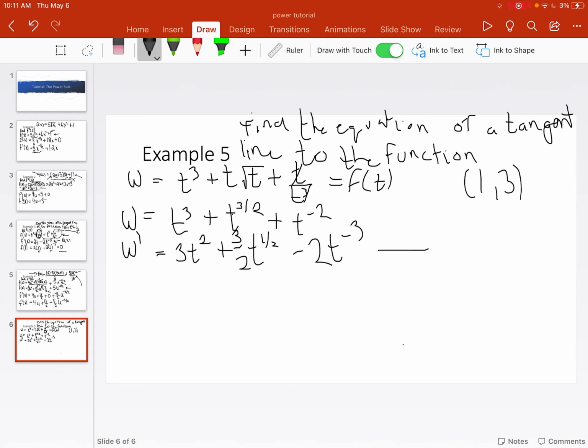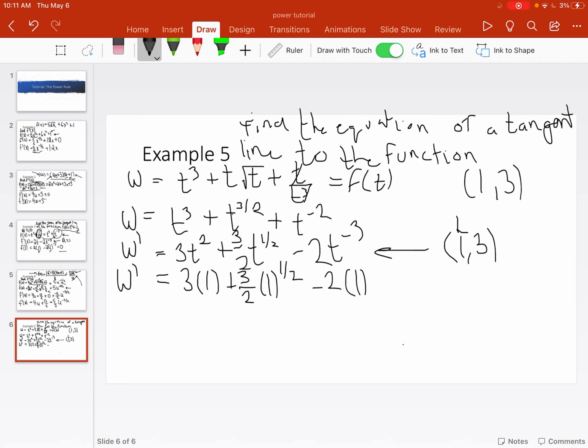So the derivative, recall, gives us the slope of the tangent line. So we plug in 1 for t. What do we get? We get w prime, which is equal to the slope of the tangent line, is 3 times 1 plus 3 over 2 times 1 to the half minus 2 times 1 to the negative 3.